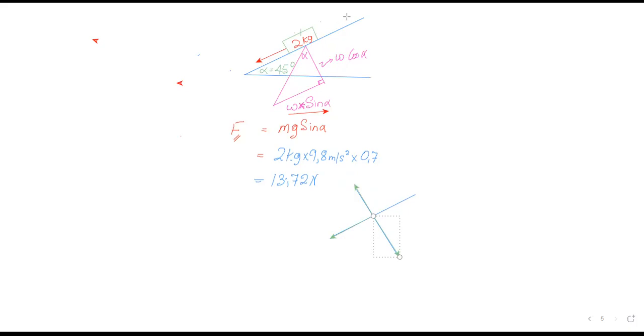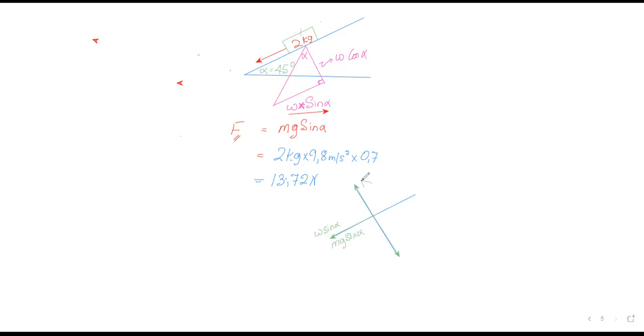There's no applied force. If we had an applied force going this way, we will have the applied force going there. And then this will be W sine theta, W sine alpha, which is mg sine alpha.